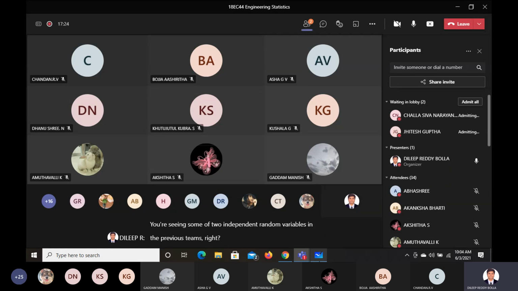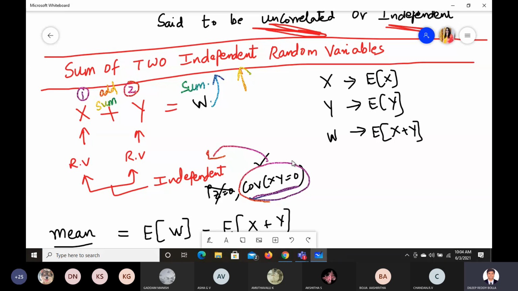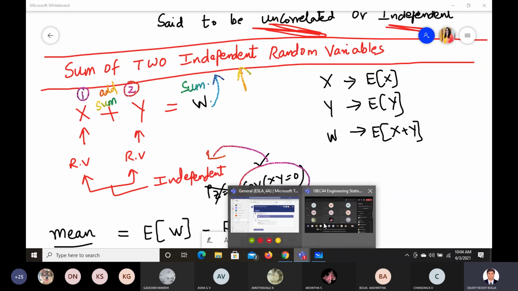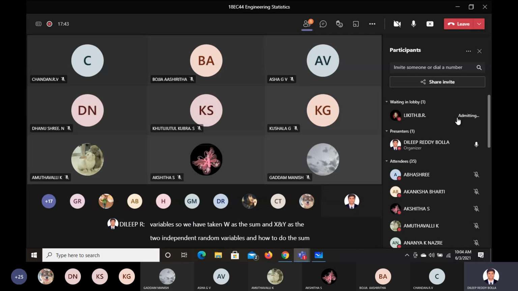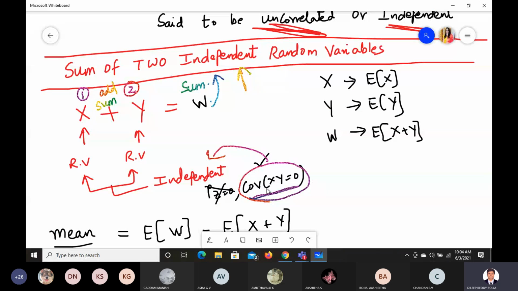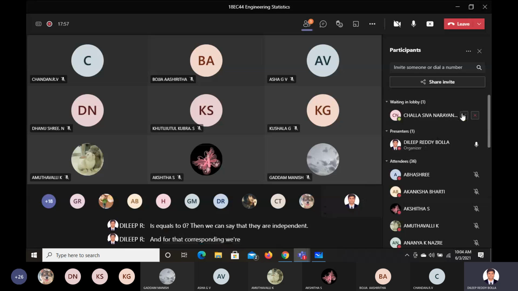This is what we discussed, how to do the sum of two independent random variables. We have taken W as the sum, and X and Y as the two independent random variables, and we have seen how to do the sum of that. The condition is that we can say they are independent when the convolution of the two is equal to 0, and for that we did the further process.